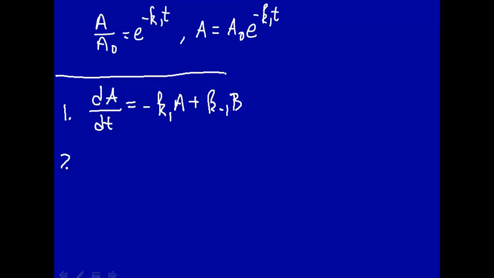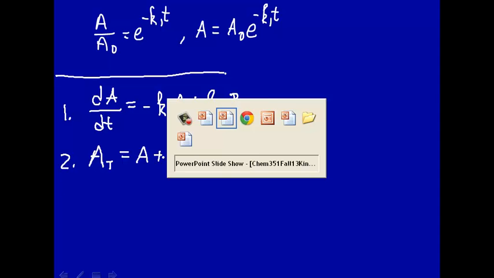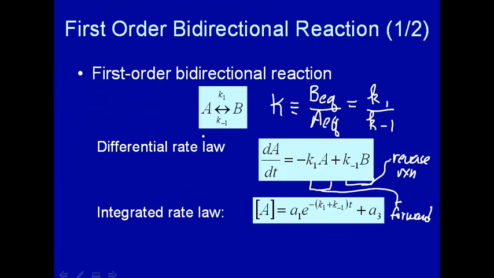The second equation, you can always write a conservation condition. So let's take the total amount of A, since we're measuring A. That is always equal to the concentration of A at some time plus the concentration of B at some time. Why is that? Well, if we go back to the reaction mechanism, we look at the stoichiometry. Say 1 mole of A decreases, but the concentration of B increases by 1 mole, because it's a 1-to-1 stoichiometric ratio.